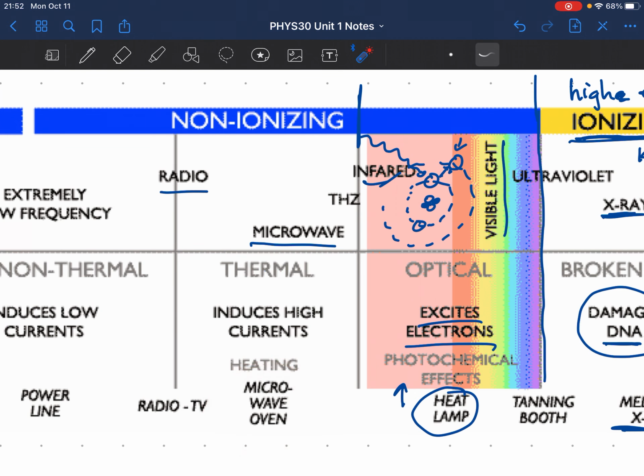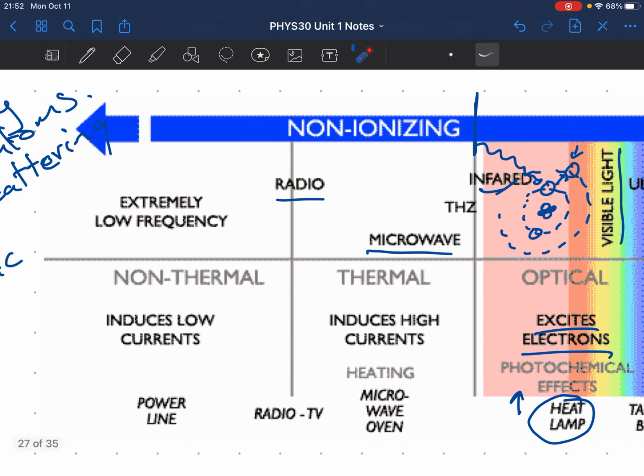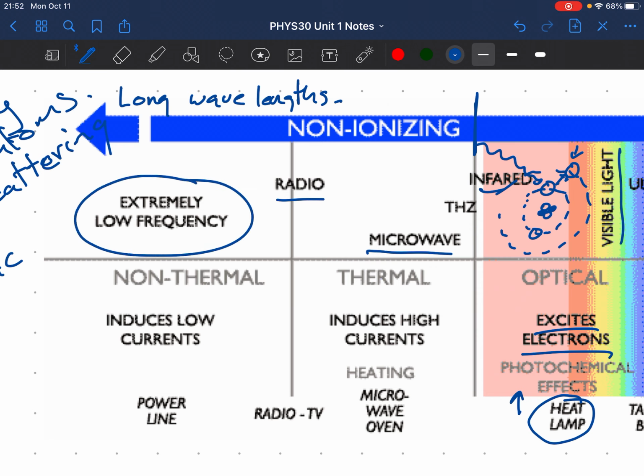So microwave oven, you can heat things up with it. Way over here on the really long wavelengths, things like radio waves, they don't even warm things up.